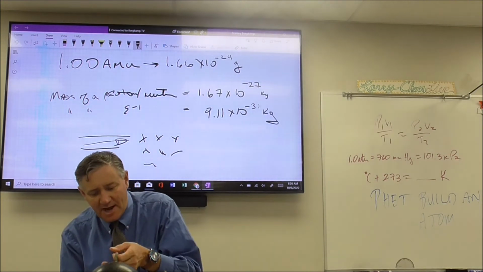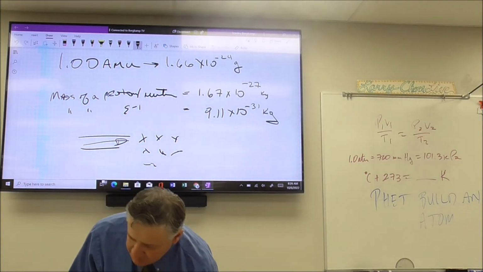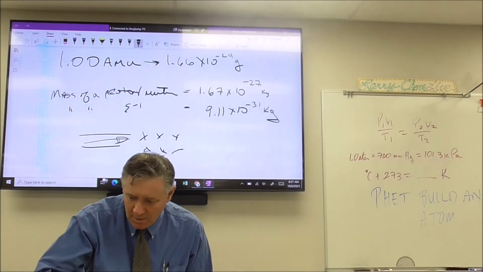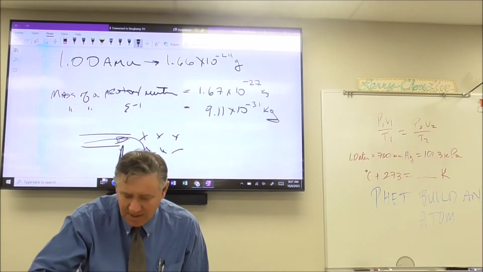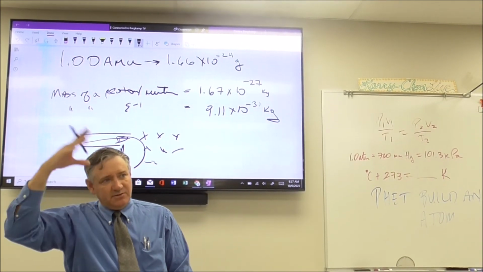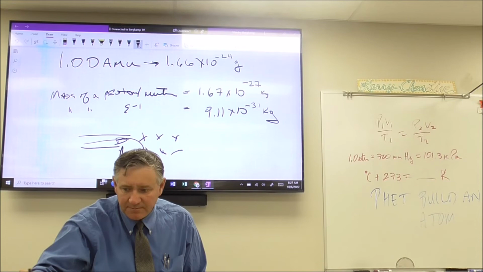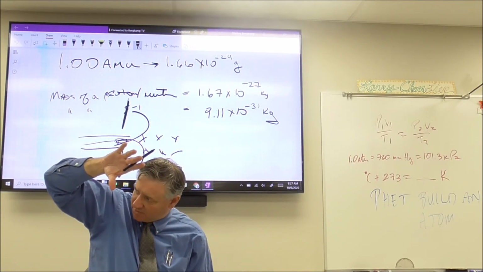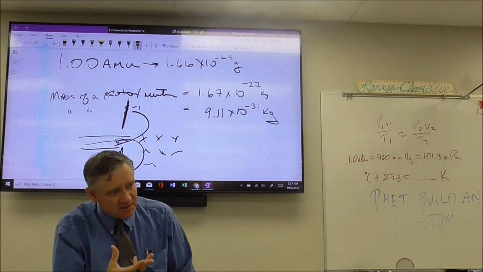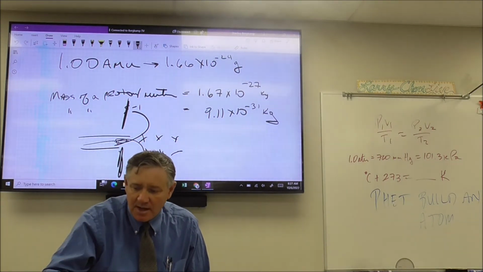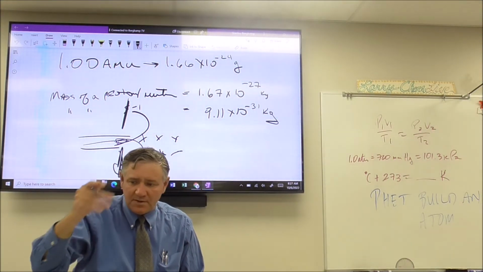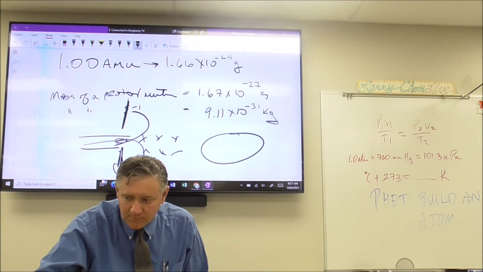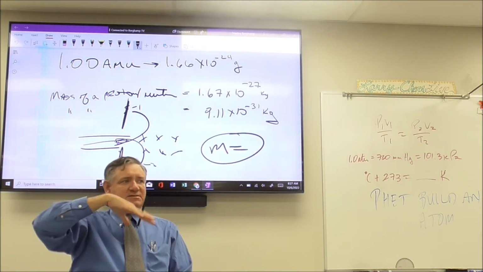So what they figured out is that they would measure where these particles would land, so they would have sensors that would detect where these particles were going. The protons, the positively charged particles, would go in one direction. The electrons would go in the opposite direction. And if you know where they land, you can solve for the mass. And like I said, it's horribly complex.